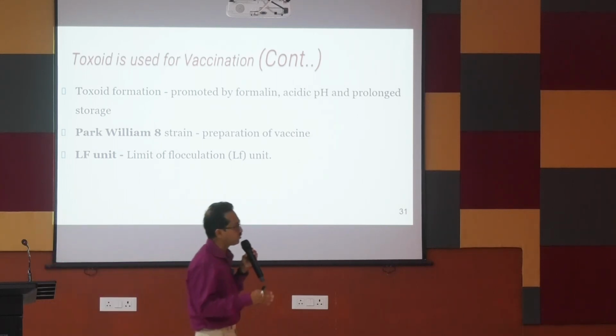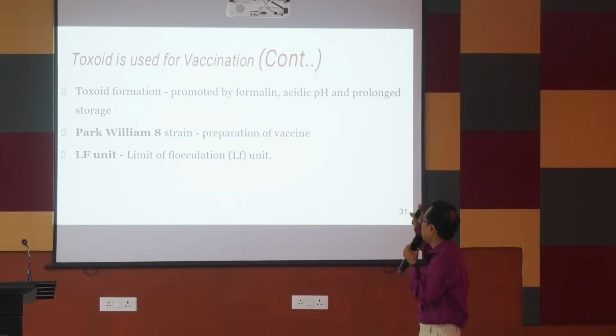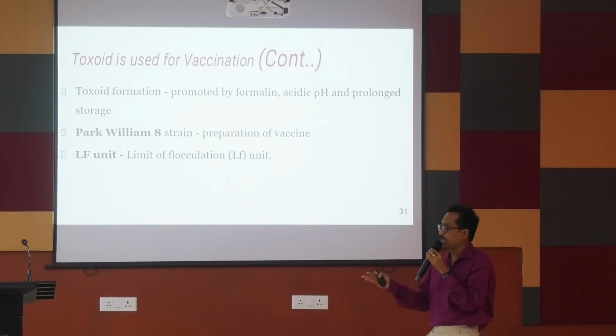That can be done by using low pH, formalin, or prolonged storage. These are the three points, but it is commonly produced by use of formalin. The diphtheria toxin is converted to toxoid by using formalin, low pH, or prolonged storage.